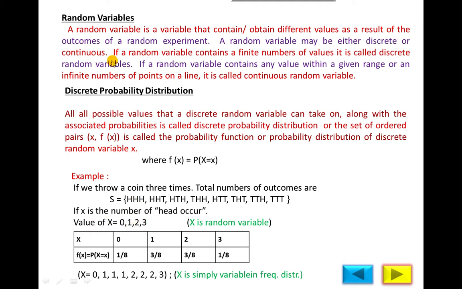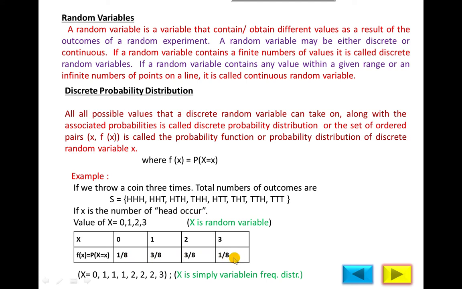This is the result of the outcomes. The number of heads may be 0, maybe 1, maybe 2, maybe 3. We write only the values, the result of the outcomes. So this variable X is called a random variable if we represent the values of X, 0, 1, 2, 3, with the corresponding probabilities.